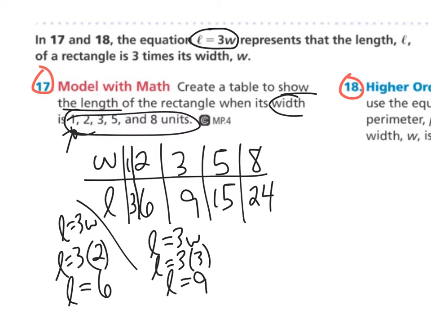And this one, they did not go by a set pattern. They went 1, 2, 3. They skipped 1 and went to 5. They skipped 2 and went to 8. So that's why we're not seeing the same pattern for all of our L values like we've been seeing in some of the other tables where they consistently went by the same amounts each time.